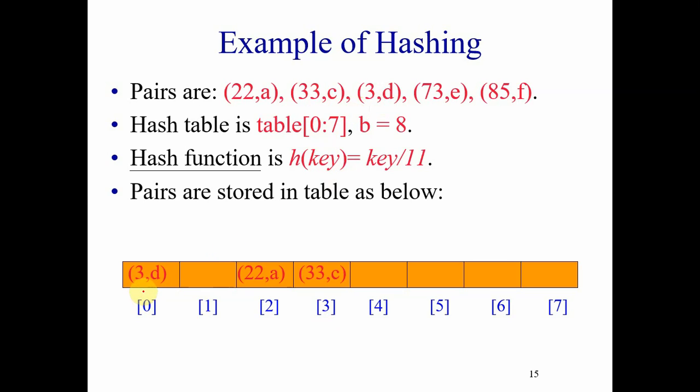So the location will be 0. And 73 divided by 11 will give you 6, as an integer. So it gives you this location. For 85, it is placed in the location for 7. So it gives you the idea of the operation from the key value pair mapped by the hash function, giving you the location for placing the key value pair.